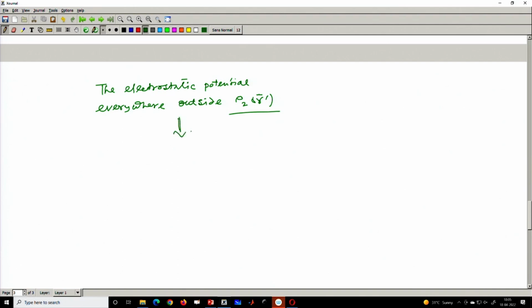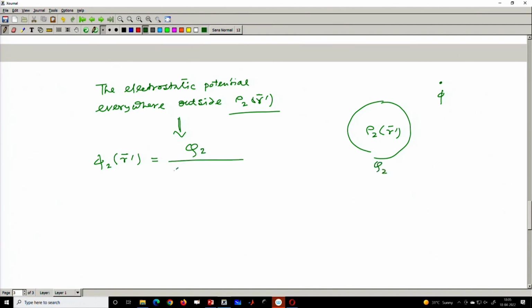I have a charge distribution here, rho 2 of r prime, but if I want to find the potential at a point here, then this potential phi 2 is simply the total charge, which is Q2 because Q2 is given, divided by 4 pi epsilon 0 and the distance from here to here, which is r.